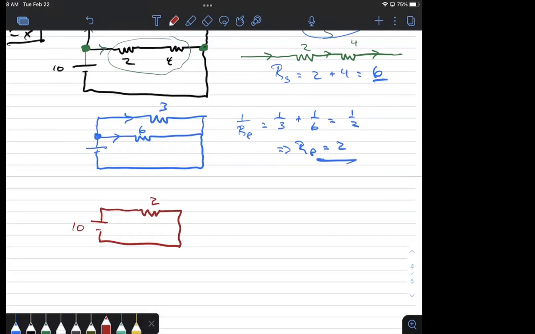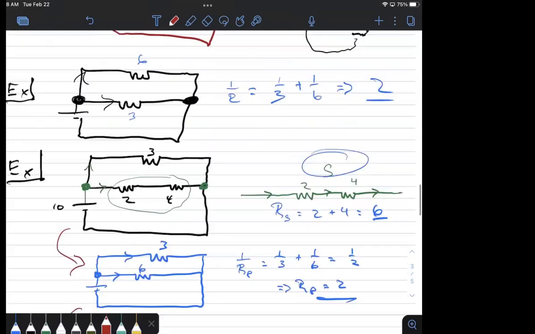Redraw the circuit, or at least just think about it in your mind. And now you say, what's the next thing I could do? Well, now these guys are in this connection, so let me combine them together. And you go one step at a time, simplifying one time after one time until you get down to your final equivalent circuit. And then with that, that's when we use Ohm's law. That's when we use the power equation and so forth.